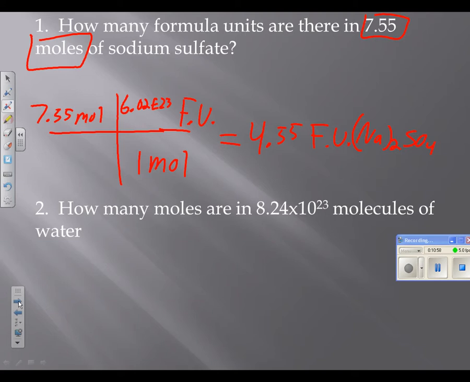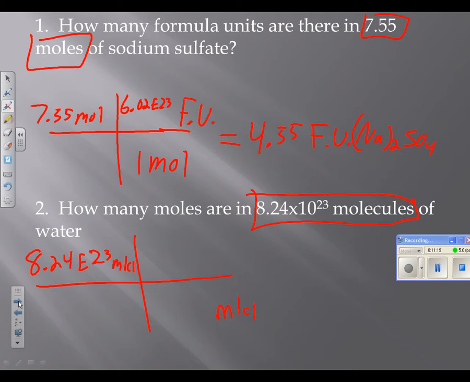So the next one, how many moles are there in that many particles? Just go in the opposite direction. But now this is our given. Start off your box with 8.24 E23 molecules, MLCs. So molecules there, we've got molecules down here.